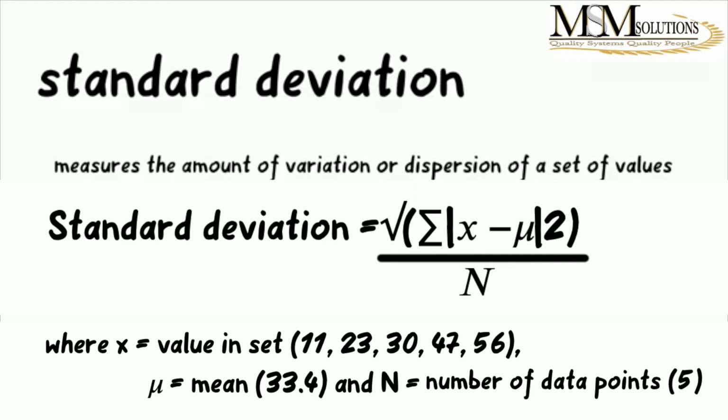You then square each difference between the data point and the mean, and you sum all of that. Once you have the sum of these differences, you then divide that by n, being the number of data points, and you take the square root, and that would be your standard deviation.